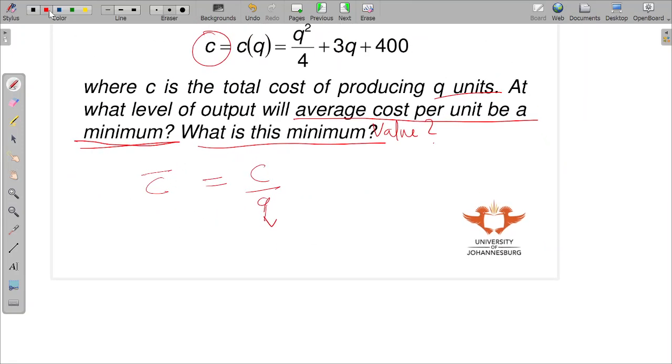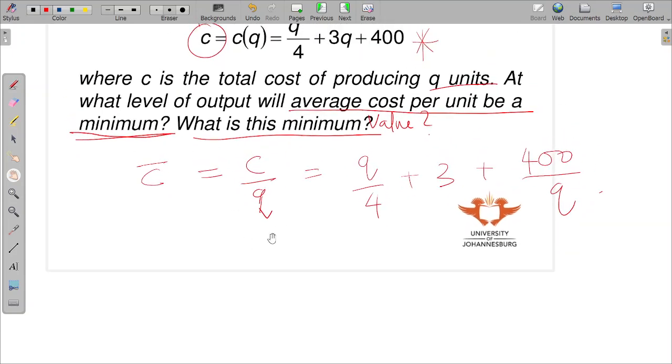So this gives us Q over 4 plus 3 plus 400 over Q. That is the average cost. Now this is the function we need to derive, not the others. This is the function to derive, then equate the derivative to 0, and so on.